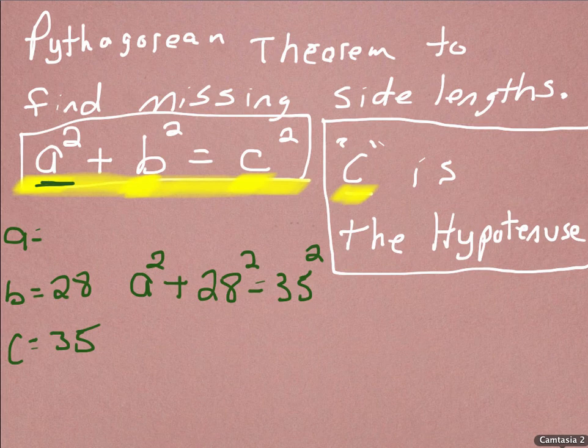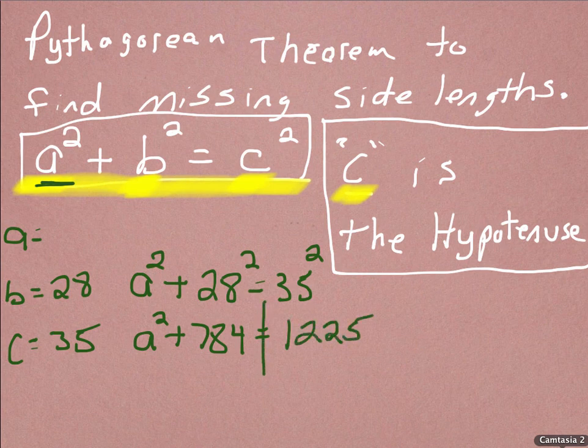Now, use a little bit of PEMDAS, guys. 28 squared, just punch it in on the calculator. We get 784. Now let's take care of 35 squared, which is 1225.